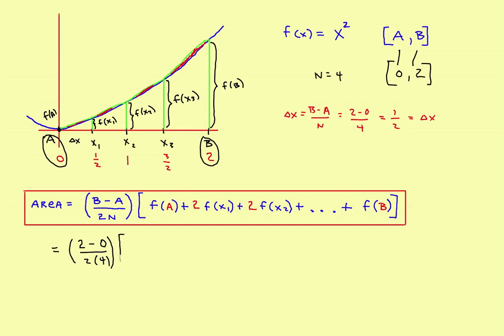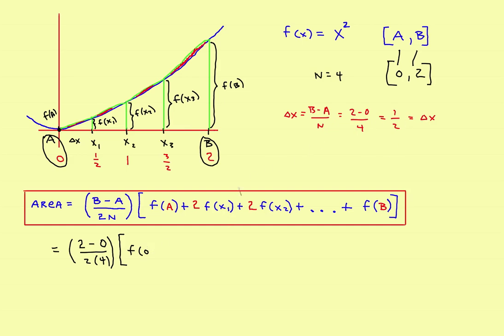Then what you do is the following. You're going to evaluate the function at a, then the function at x1, and so on. So what the first thing says is this. Plug the value of a into the function, which is x squared. So we'll just go ahead and put it like this. This will be the function evaluated at 0.